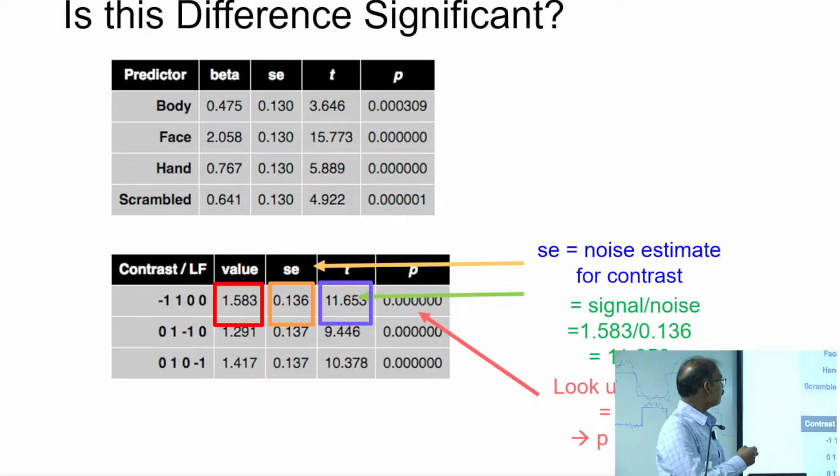Because in this case, this is constant, this one plays a larger role, right? Because this is constant, therefore, the larger the beta value, the more significant it is, okay? So that is how we can find differences. SE is the noise estimate for the contrast, and signal divided by noise is basically how we find the T, and then from this, assuming a Gaussian distribution, we will find the corresponding P value, right?